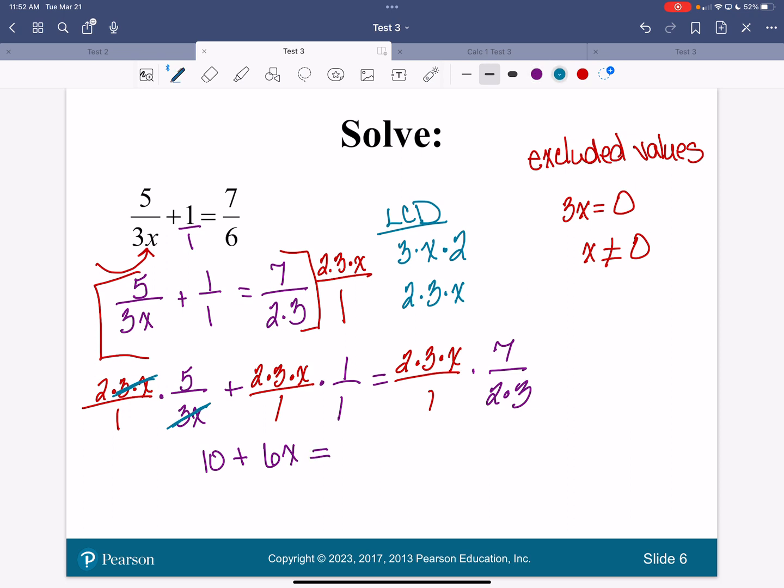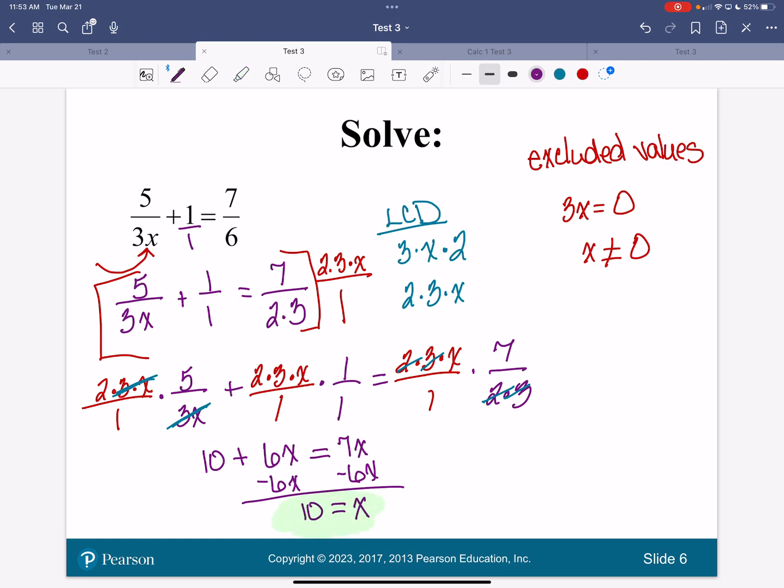Here my 2's cancel and my 3's cancel, and what am I left with? 7x. So I've got 7 times x. Now I'm going to subtract 6x from both sides, and I'm left with 10 equals x.